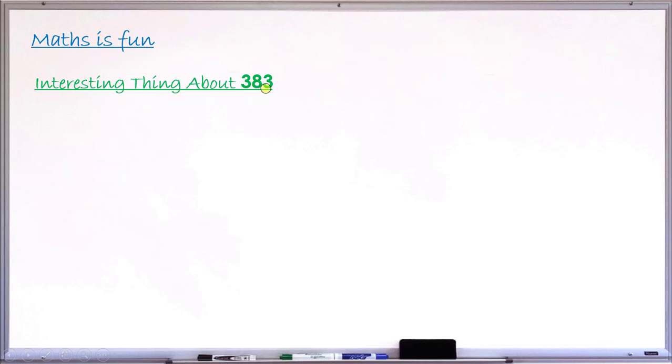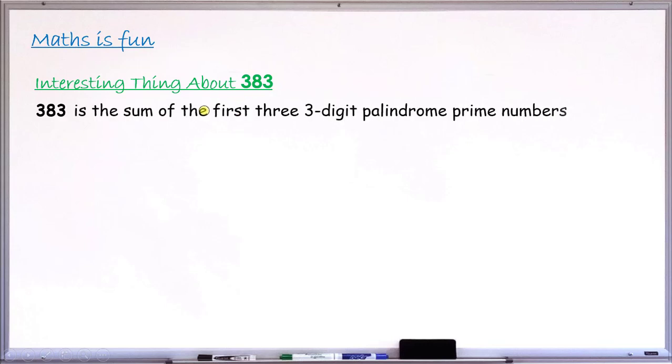number 383. So 383 is the sum of the first three three-digit palindrome prime numbers. So the first three-digit numbers that are palindromes and at the same time prime numbers, if you add those three, it gives you 383. So 383 can be obtained when you add 101, which is a prime number, you can see it is a palindrome.